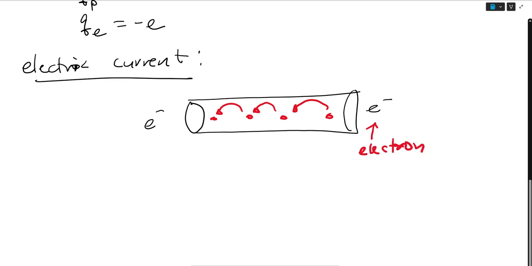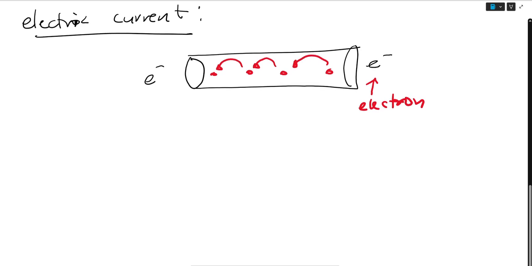And I'll explicitly write out the definition just so there's no confusion.